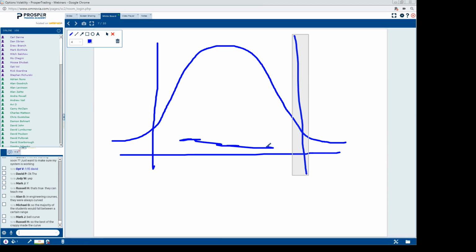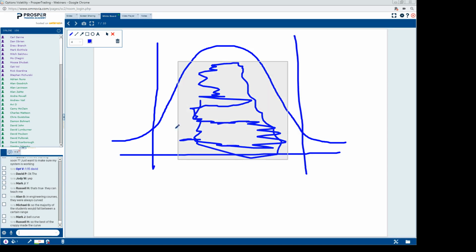This big area here in the middle is where the majority of the people would be. Okay, that is known as the one standard deviation area. Okay?